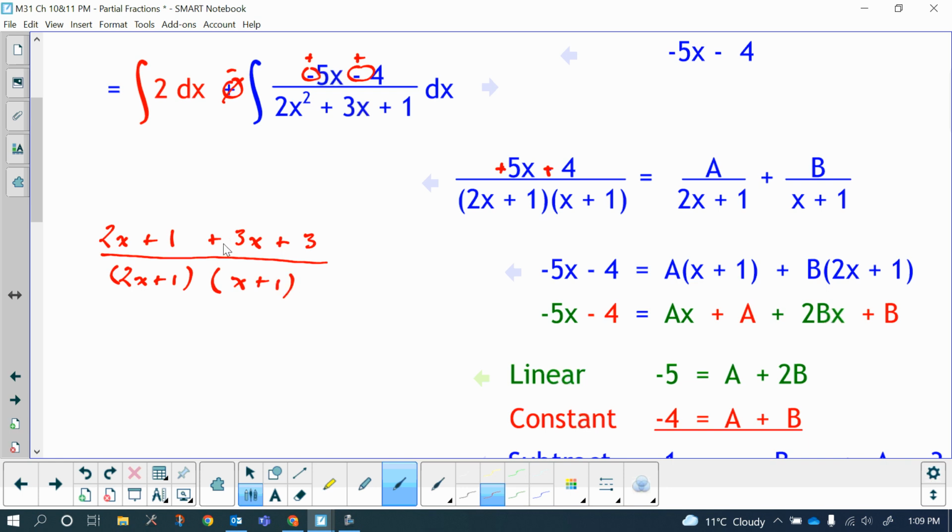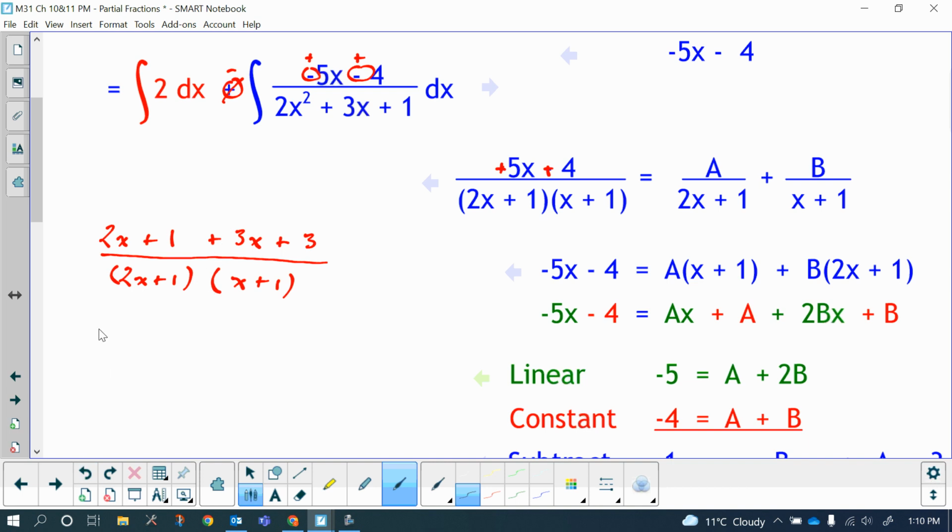So what I could do is separate this into this fraction, or rational expression, and, well, it looks like this. They will have the common denominator, but I'm going to separate the numerator part. So maybe I shouldn't have shown it like that.